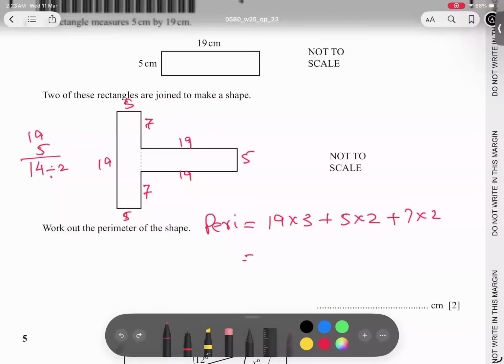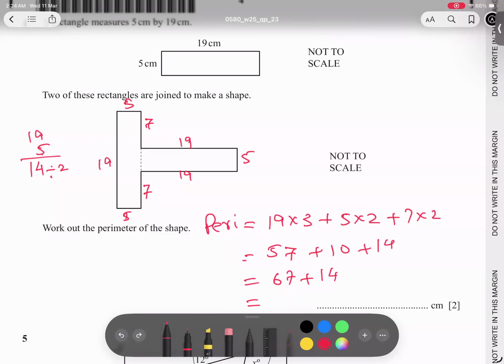3 nines are 27, 2 carry, and 57. 5 twos are 10, and 7 twos are 14. So these two additions, you got 67 and plus 14. And 7 plus 4 is 11, and 6, 81. So we got, wait a minute, let me check again. 3 nines are 27.